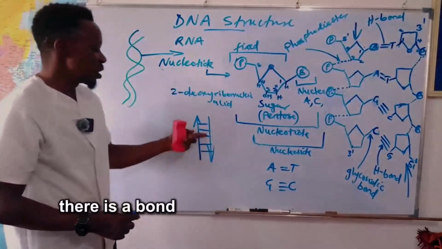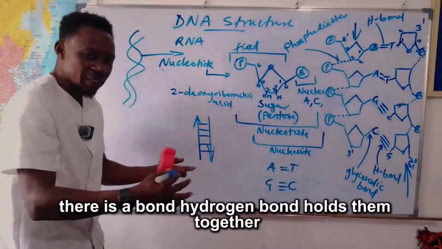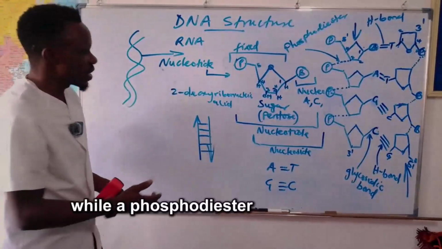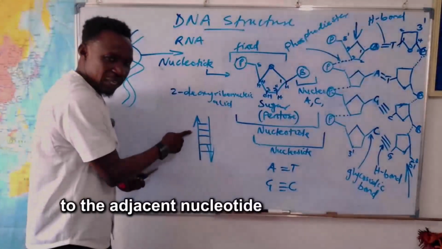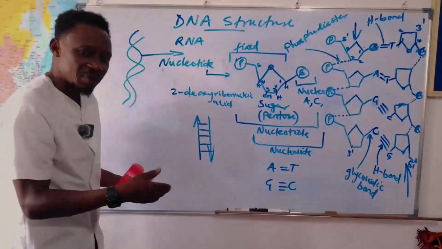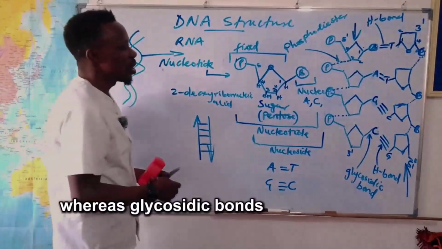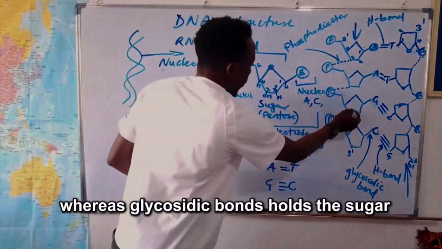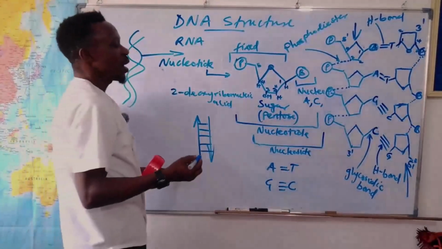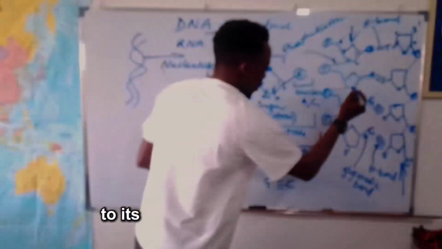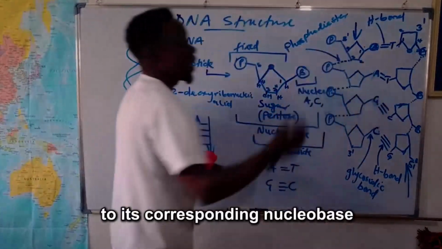There is a hydrogen bond that holds them together, while a phosphodiester bond holds one nucleotide to the adjacent nucleotide within the same strand. Whereas glycosidic bonds hold the sugar molecule of one nucleotide to its corresponding nucleobase.